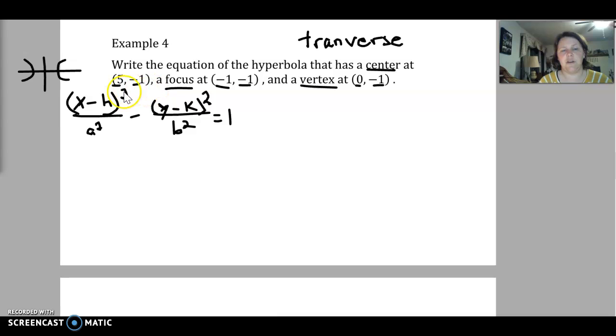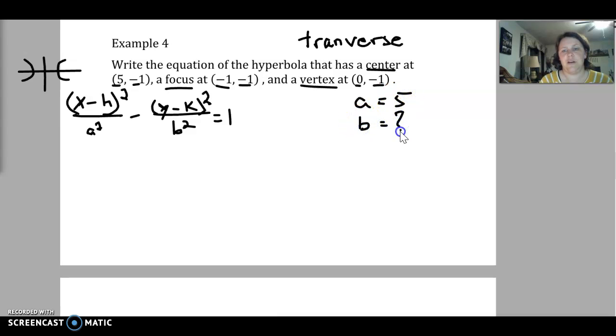We also need to know what the value a is and what c is. So the distance between the center and the vertex is going to give us a. The y values are staying the same, so we don't need to worry about those. The x values go from x equals 5 to x equals 0. So that means a is equal to 5.